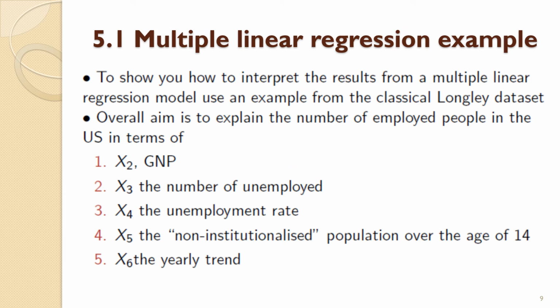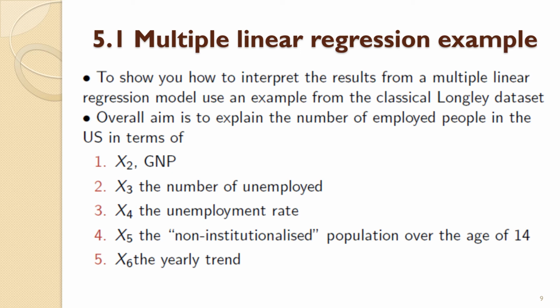So I wanted to give you a multiple linear regression example, just to show you how this works once you've got more than one x variable. So in this instance, this F statistic would be testing whether at least one of these x variables affects the y variable in question.